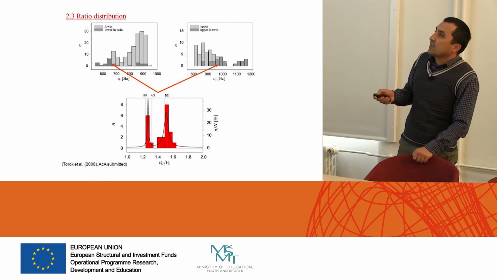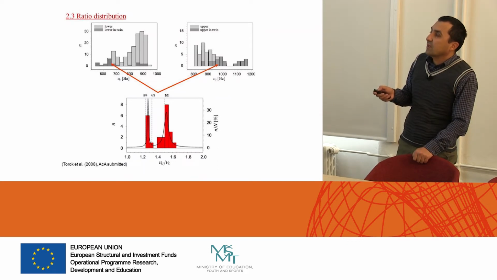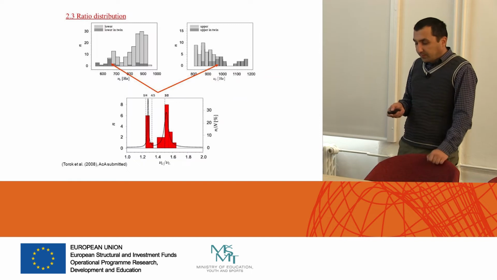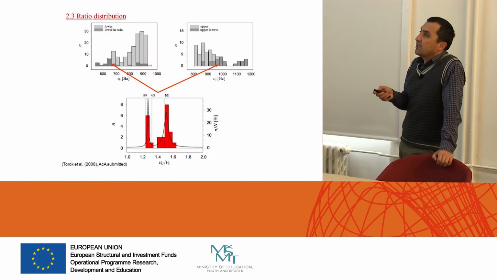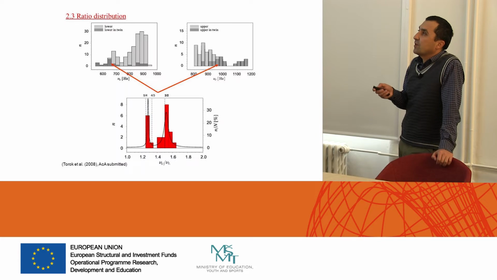We can see the observed ratios, I mean the upper and lower frequency ratio here, and the number of observed QPOs in this ratio. For example, at 5/4 we have about 6, and at 3/2 about 8 peaks are observed.